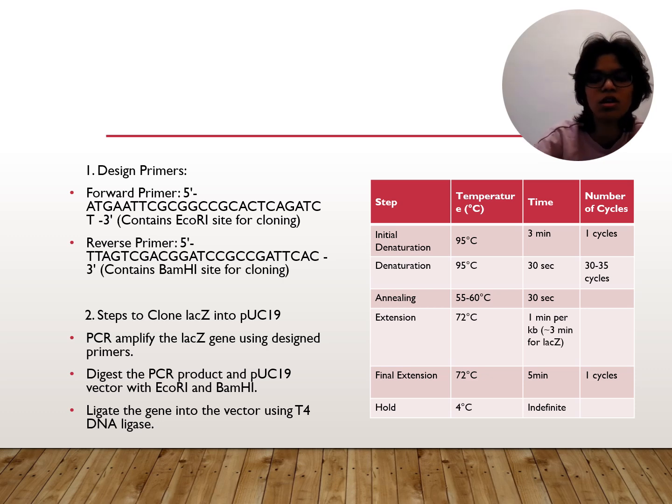So we have here on the right side the steps for initial denaturation, denaturation, annealing, extension, final extension and holding: what temperature we are maintaining, how much time, and how many cycles we are going to make for each step.